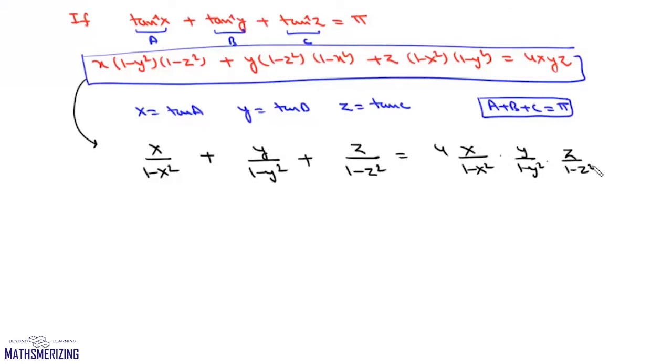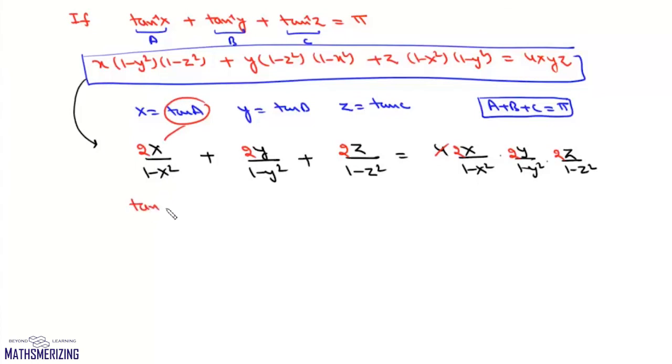Now what we'll also do is we'll multiply everything with 2. So here will be 2, 2 and 2, and here also we'll multiply it with 2. So it will become 8. So now we can write this as 2x, 2y and 2z. Now we'll put x as tan a. This is 2 tan a upon 1 minus tan square a, which is nothing but tan 2a.